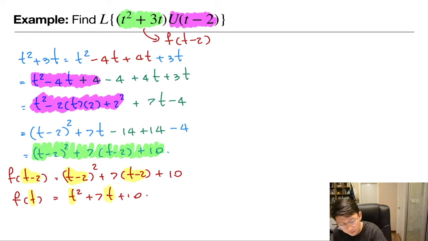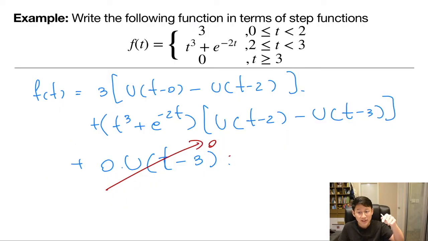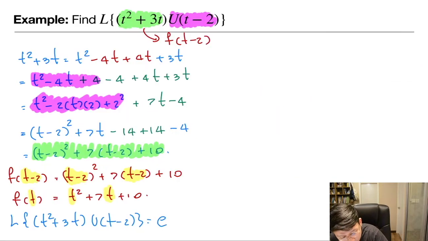Okay, so from the previous technique, we have that the Laplace transform of t squared plus 3t times u of t minus 2 can be written as e to the minus as, right? Right now, a is 2. So it will be e to the minus 2s times the Laplace transform of f of t.